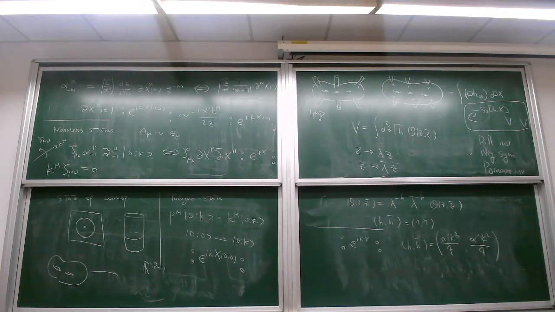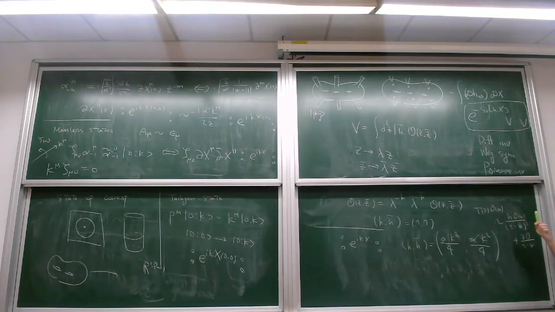Good. If you do the OPE of T(z) with O, and if O is a primary field, it always goes as h O(z) over (z minus w) squared. So this is the transformation rule for a primary field.